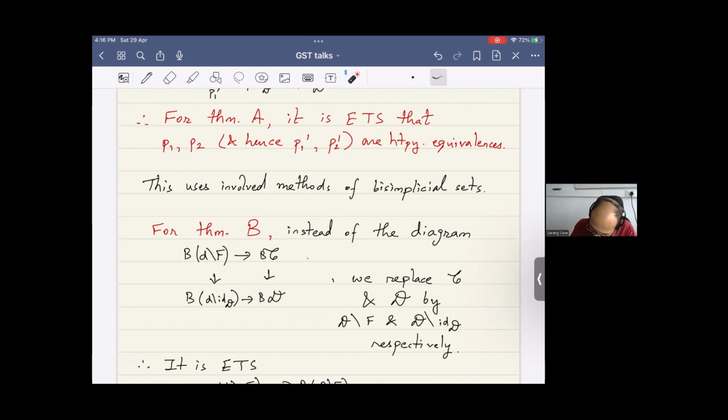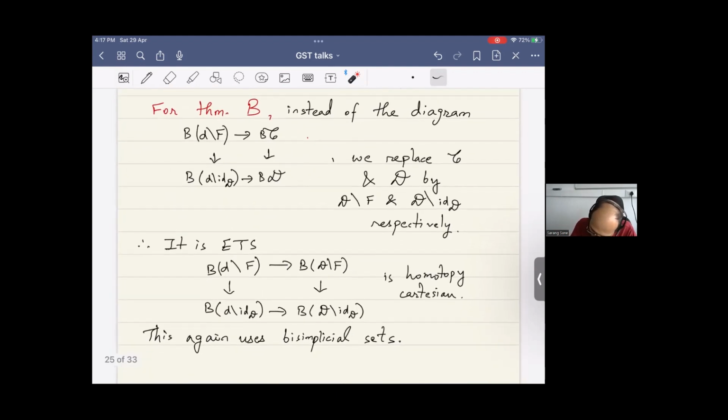So I can replace this guy and this guy. This is the Cartesian square, and I want to show it's a homotopy Cartesian square. So I can replace this and this by B of this and B of this. So it's enough to show that this is a homotopy Cartesian square.